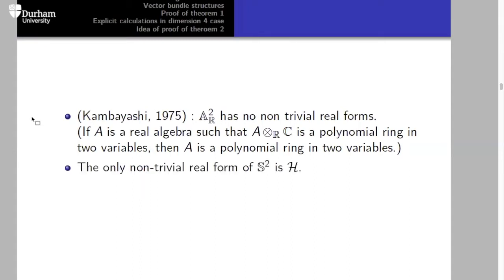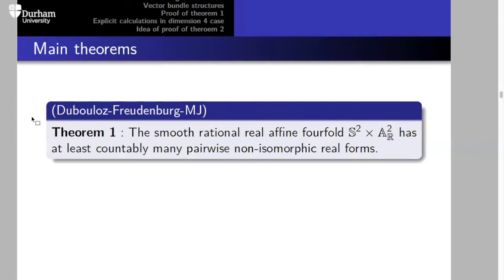Okay, so A^2_R has no non-trivial real forms. S^2 has only two real forms. And I will look at the product of the two, S^2 × A^2_R. The first result that I will be talking about is that this fourfold, the smooth rational real affine fourfold that's the product of S^2 and A^2, has at least countably many pairwise non-isomorphic real forms.